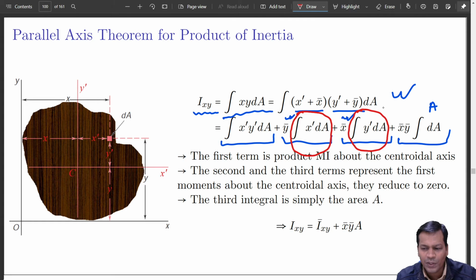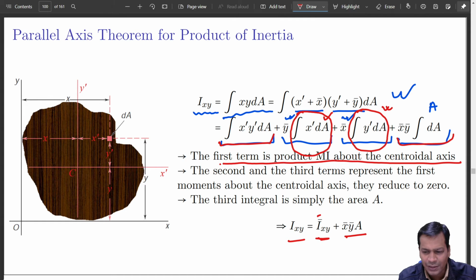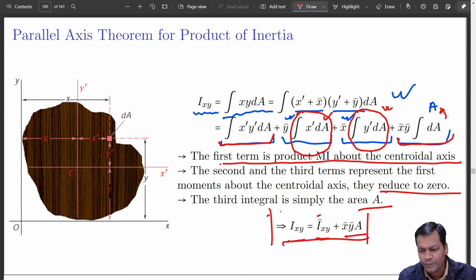So these two terms will go to 0, and you will be left with this and this. That quickly gives you Ixy bar and this. The first term is the product moment of inertia about the centroidal axis. The second and third terms represent the first moment about the centroidal axis. They reduce to 0. The last term, simply I have converted this to A, and I got this result. Got it?